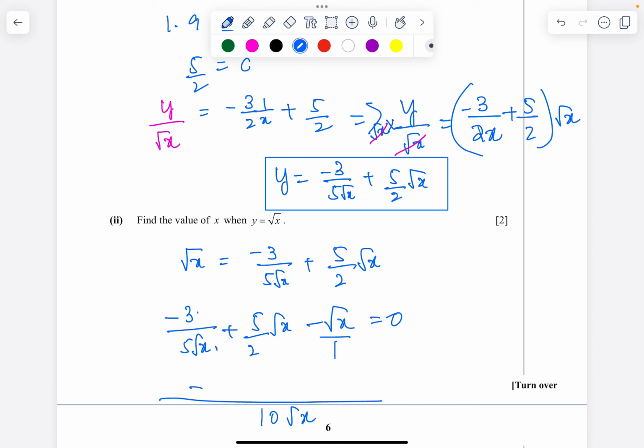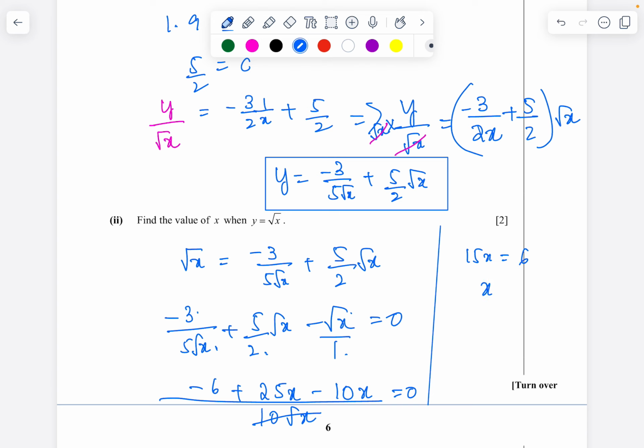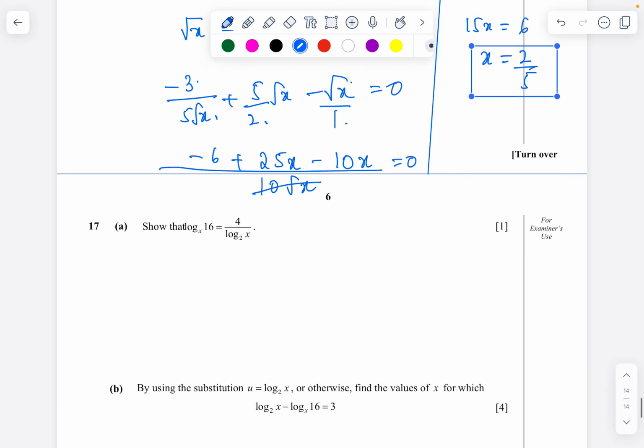This gives me 25x minus 10x equal to 0. Now I can eliminate the denominator. So this gives me 15x equal to 6, x equals 6 over 15, which is 2 over 5. This is our final answer.